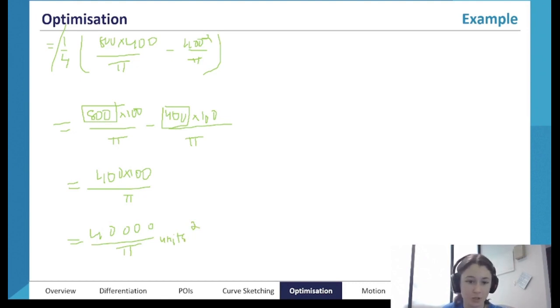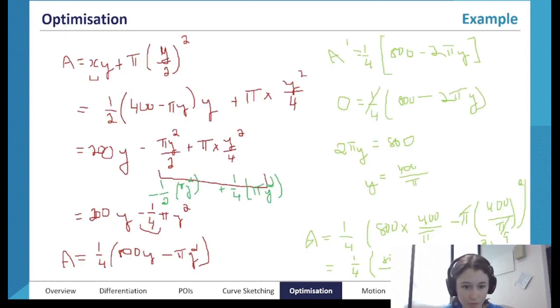The one more thing that we need to do before we move on is prove that this is actually a maximum. So what we can do here is use the second derivative. Our second derivative is going to be negative 1/2 pi.